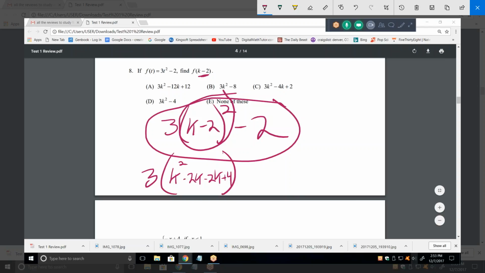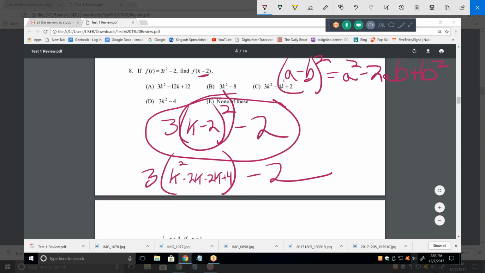I'd like to see you memorize the quick way of doing that instead of having to FOIL it. There is a quick way. I've tried to teach it to you before. Not that important, I suppose, other than it saves you 20 or 30 seconds. Now simplify this. In other words, here's the quick way. That's a squared minus 2ab plus b squared, always, no matter what a and b are.